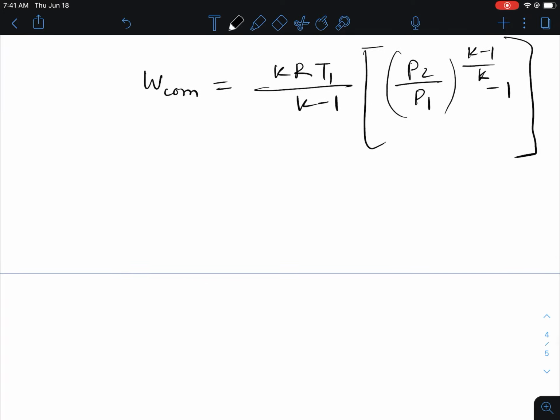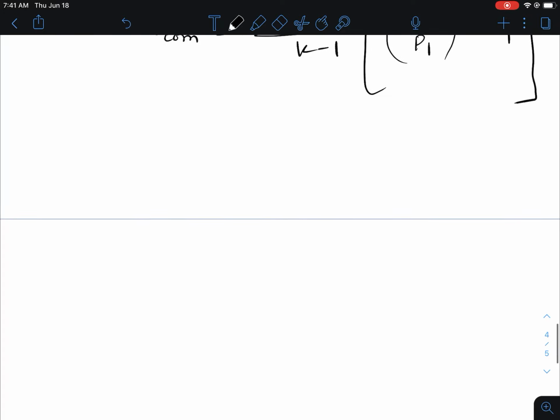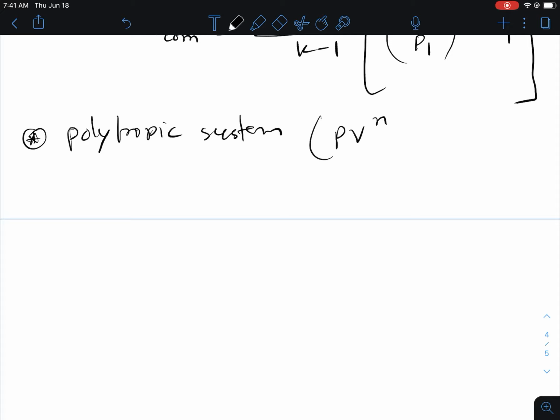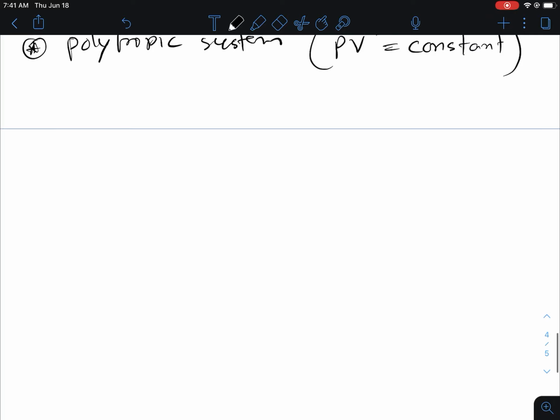If multiple effects are involved in the compression system, then it's a polytropic system. For a polytropic system, we know that PV to the power n equals constant.